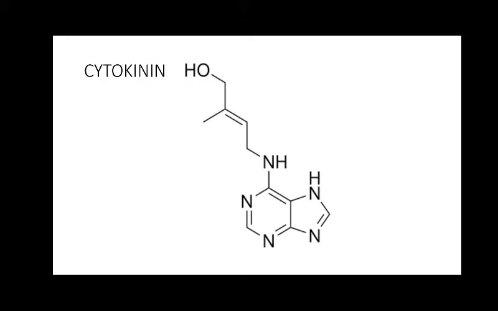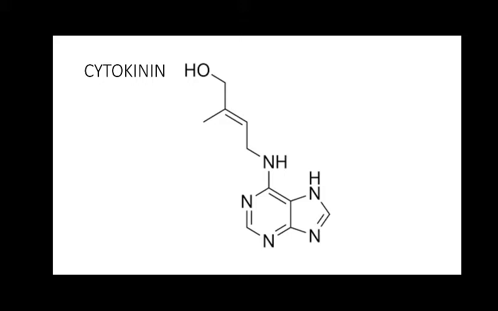Now, cytokinin has many functions, but as already said, it is responsible for the cell division process. It is also responsible for induction of flowering, meaning formation of flowers in the plant.